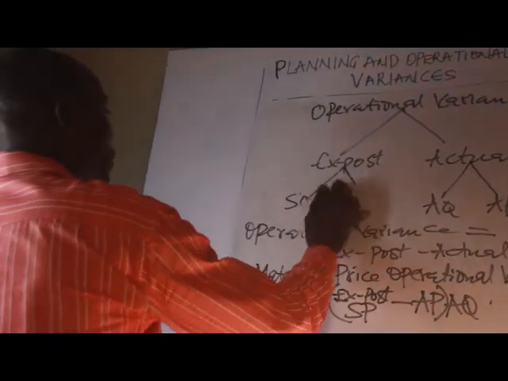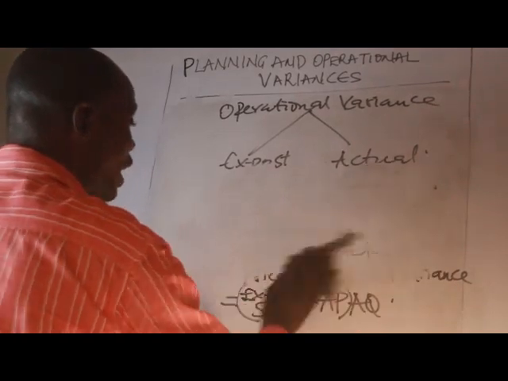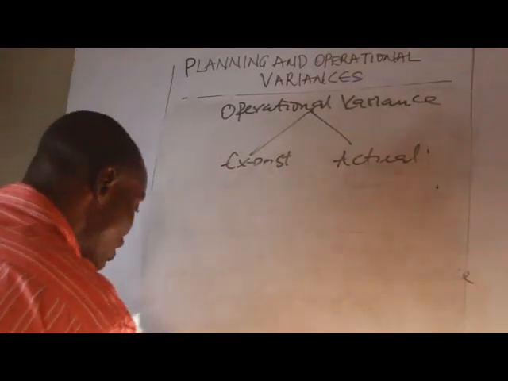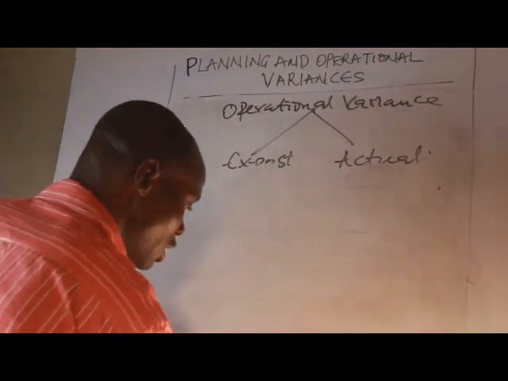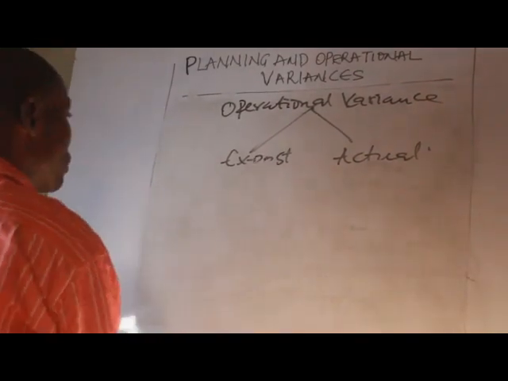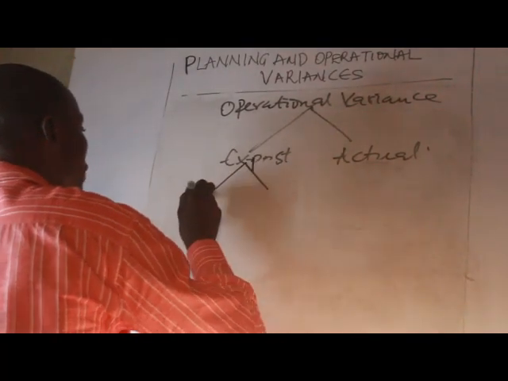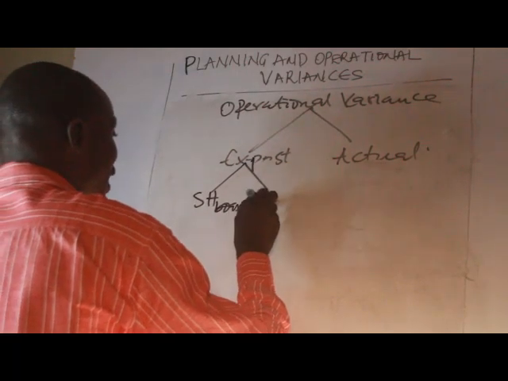So we want to consider the labor variances, labor operational variances. Remember, for operational variance, you are comparing ex post with actual. In labor, we use hours and rate. So the ex post, we have ex post standard hour based on actual production and the standard rate.